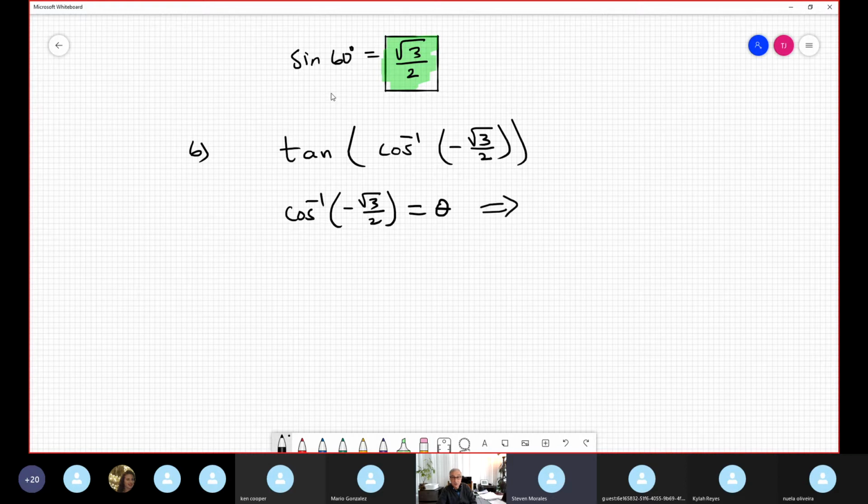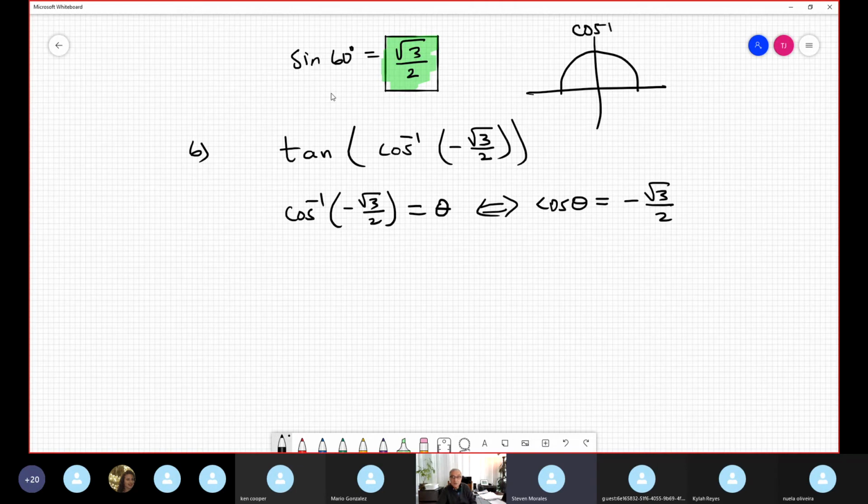Que es equivalent to say que cosine theta is minus radical 3 over 2. Entonces, according to the convention of the cosine inverse function, when it's positive it is in the first quadrant, but when it's negative in the second quadrant. Therefore, theta lies in the second quadrant.